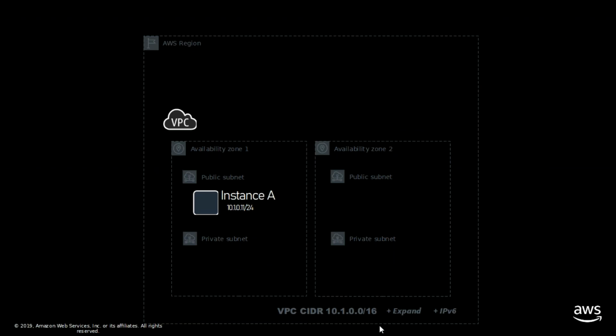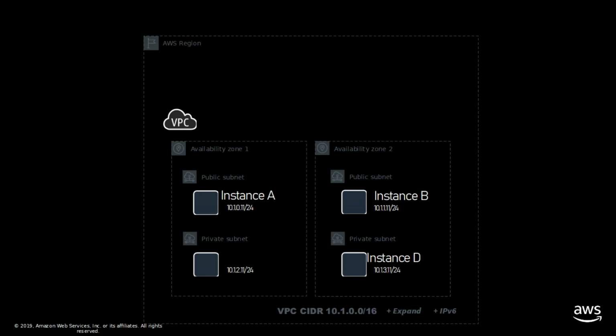In the public subnet, we have instance A. Both availability zones reside in one VPC. We have instance B on the public subnet in availability zone 2. On the private side, we have instance C on a private subnet in availability zone 1, and instance D on a private subnet in availability zone 2.